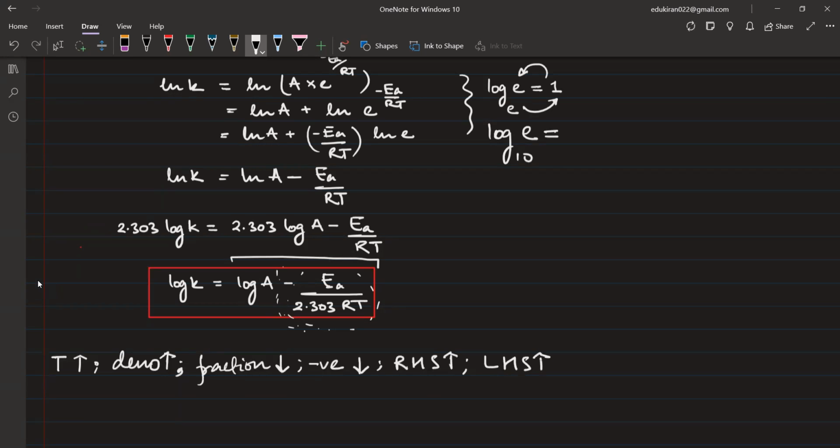So if I increase the temperature, then what happens? What is in the LHS? It is the log K. So we can say that the rate constant also increases. Mathematically, we can see that on increasing the temperature, the rate constant is going to increase.